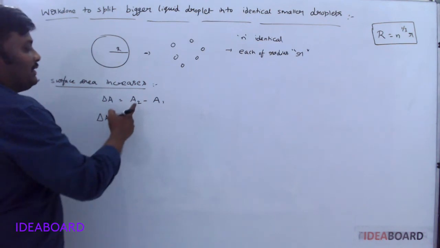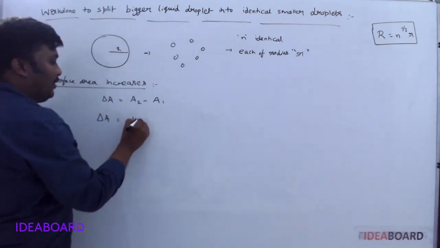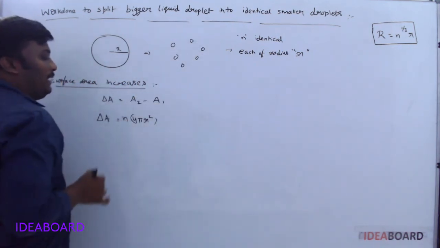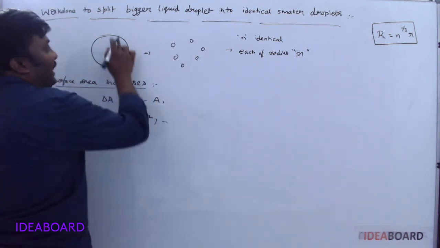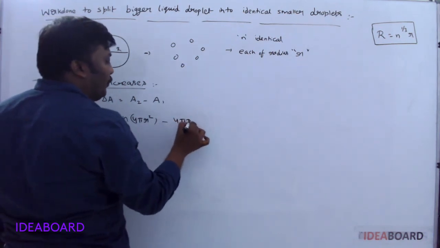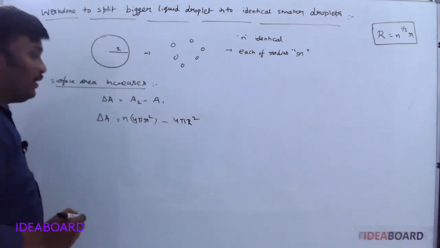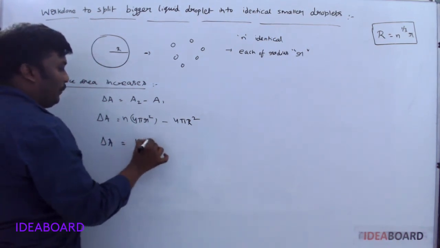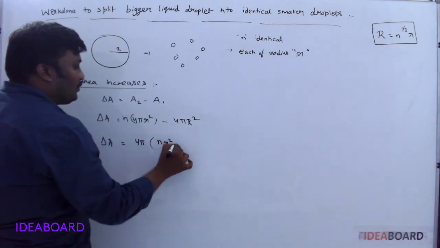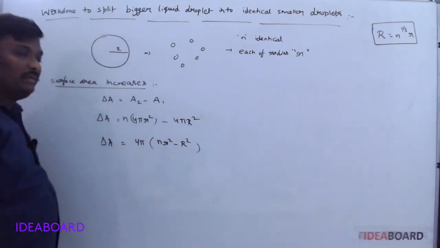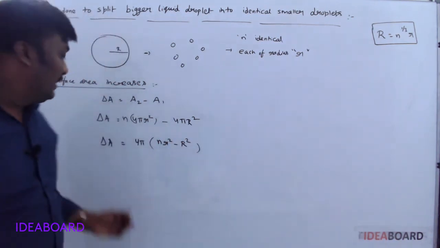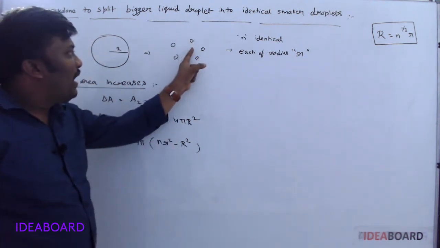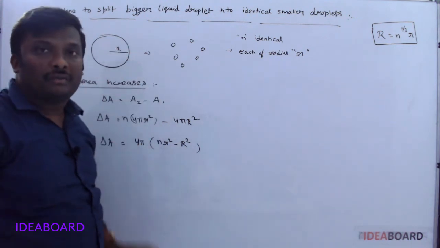The surface area of one droplet is 4 pi r square, and there are n of them, so multiplied by n, minus A1, the initial value, which is 4 pi capital R square. From this, 4 pi is common: delta A is equal to 4 pi times (n r square minus capital R square). So in the given question, if they ask for surface area and give the smaller radius and capital radius, use this one.